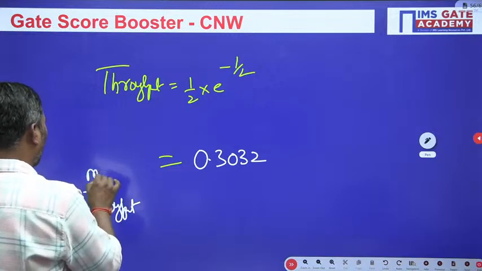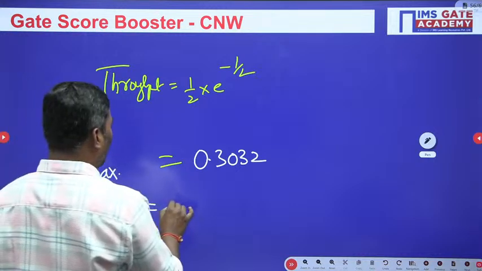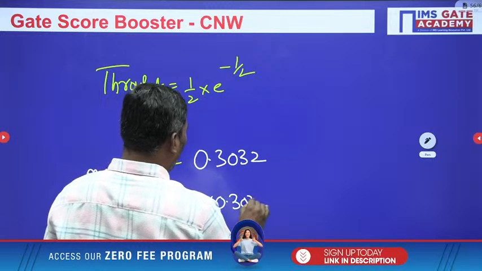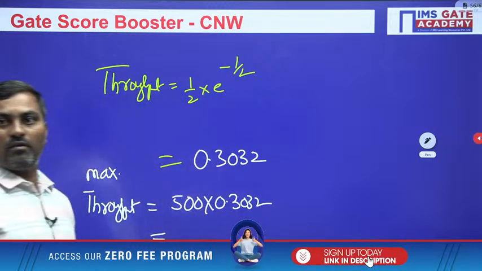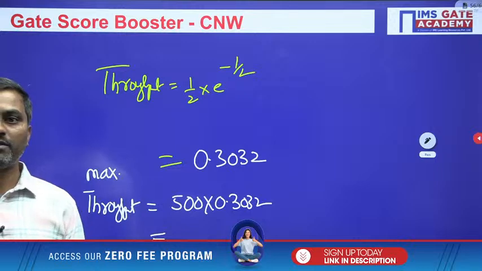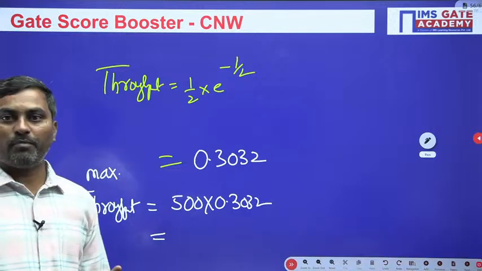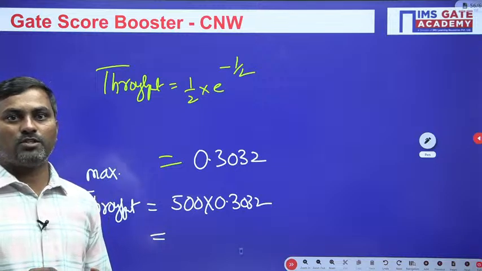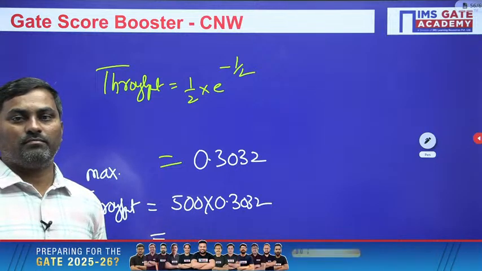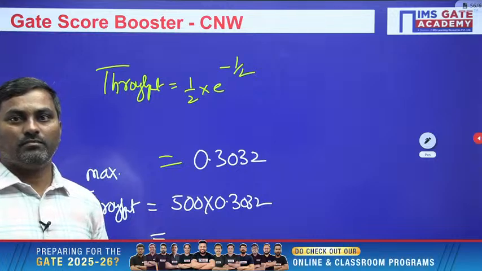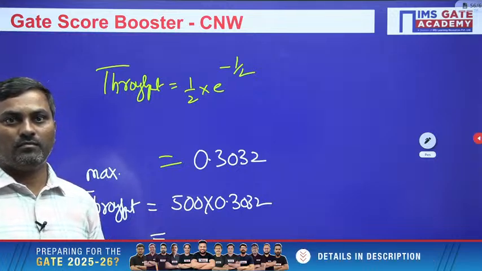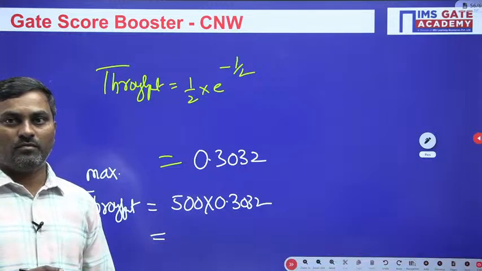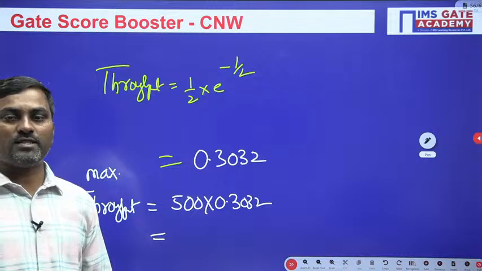So now maximum throughput. What is the maximum throughput possible? 500 frames into 0.3032, correct? 32.9%. So now you have to multiply 500 only, correct? Then the answer must be... Parthasarathi, what is your answer?